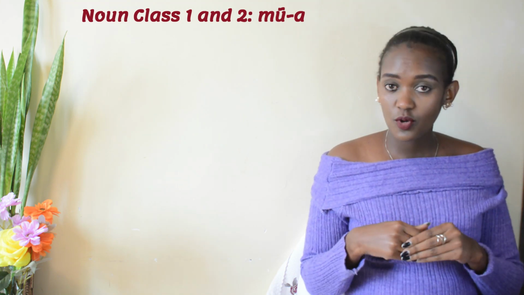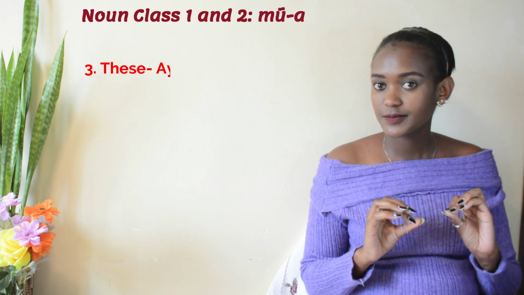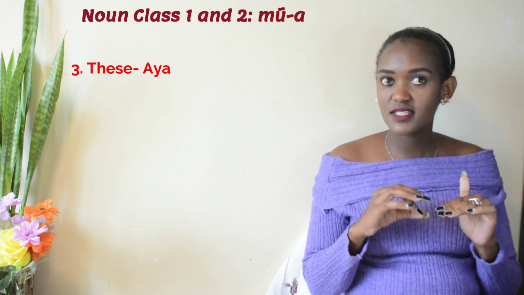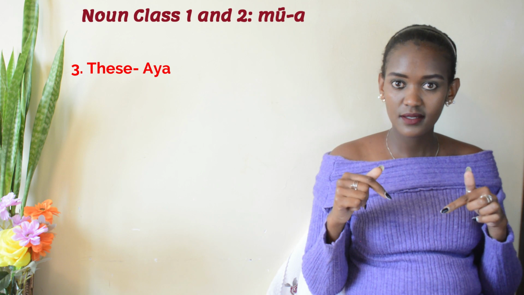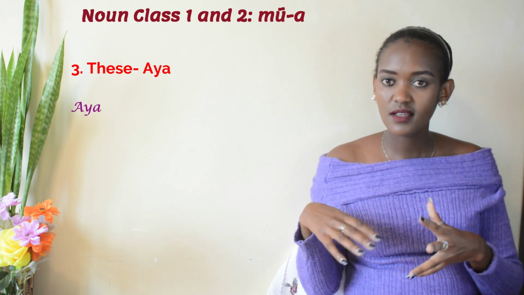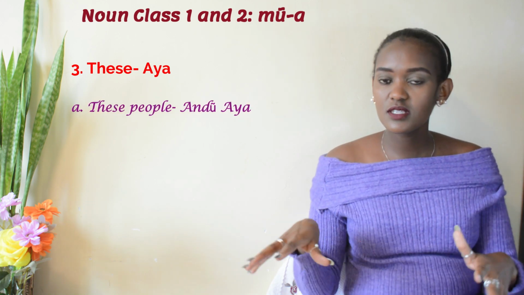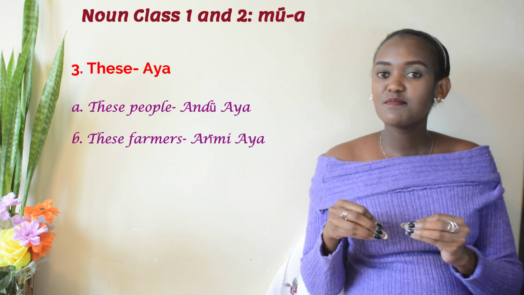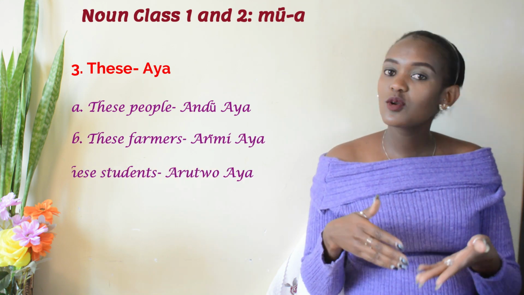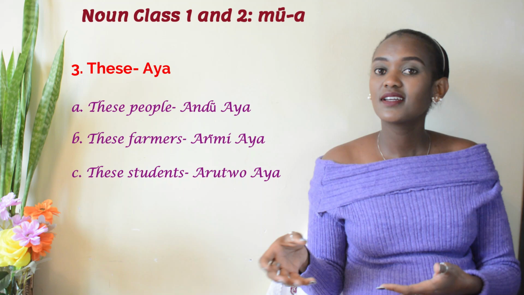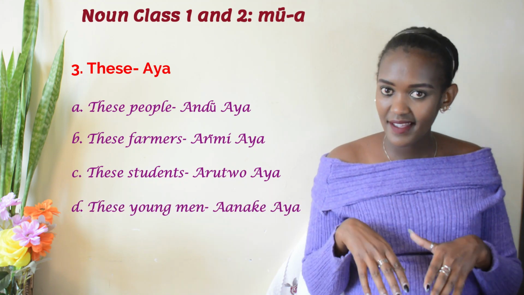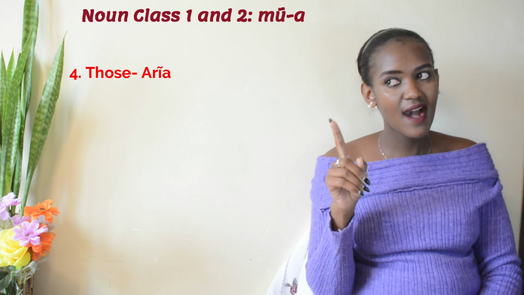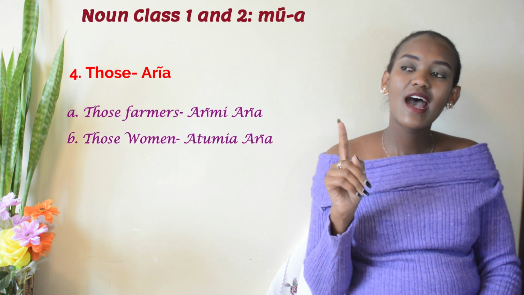Then the plural will start with a. If we want to say these people, we say aya. Ado, aya. These people, these farmers. Aremi, aya. Arutuo, aya. Anake, aya. Those will be aria.